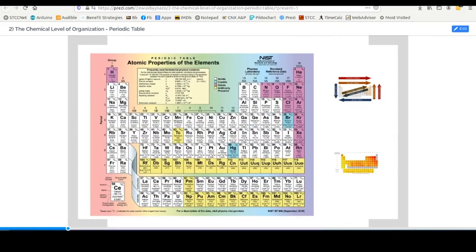When we're considering elements and the atoms that represent those elements, a very powerful tool was developed to standardize our understanding of the elements, called the periodic table of the elements. And it's a very powerful tool because it gives us a lot of information very quickly, both textually and in a representation where you can quickly see relationships between different elements.